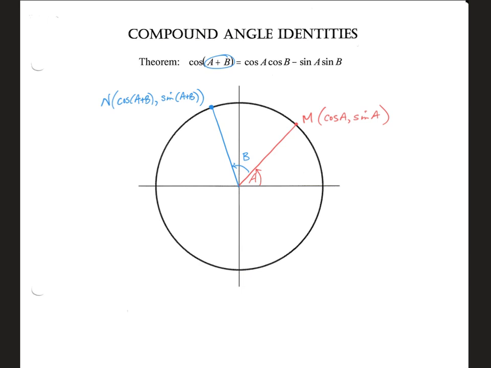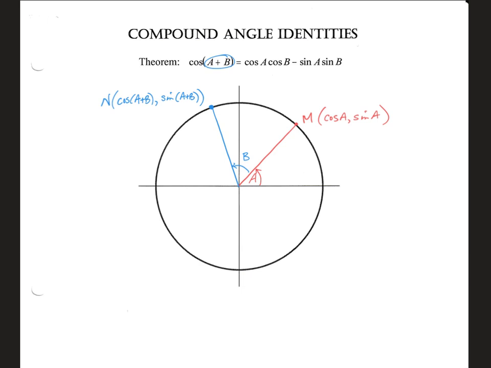Notice before, when we proved some of our other theorems, like specifically our negative angle theorem, we would have then been able to say, yeah, but that's in quadrant 2, so shouldn't my cos coordinate be negative? And here's where we need to stop. I can't say for certain that point N is in quadrant 2.